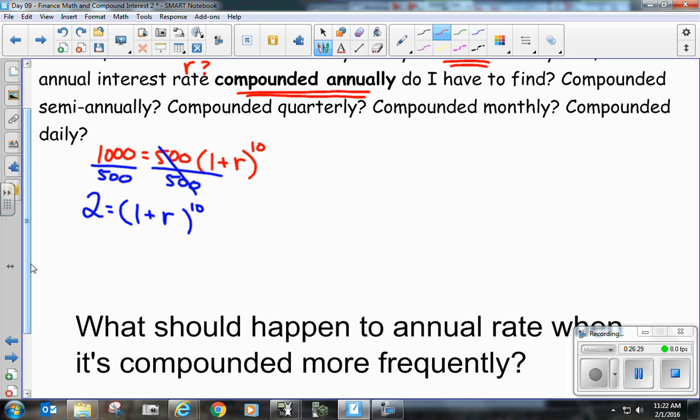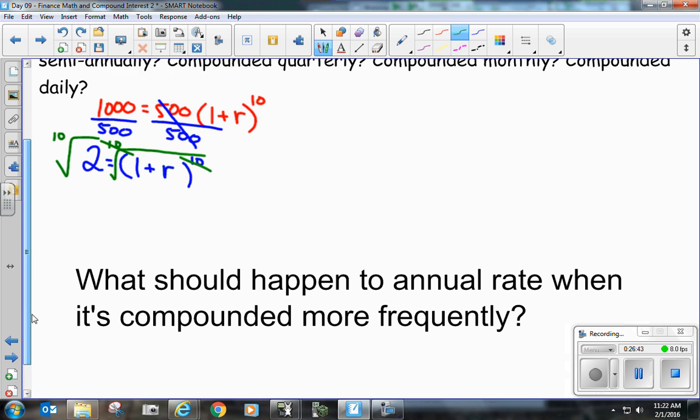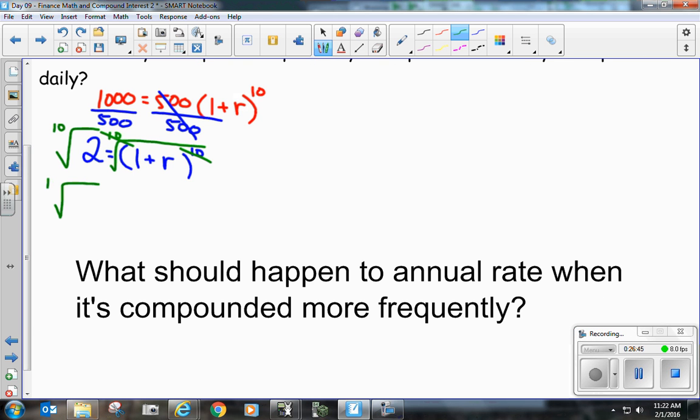Then the 10th root. Who cares? Calculator can do that for you. So if I put this to the 10th root, this will cancel with this, and I do it to this side as well, right? So I now have the 10th root of 2 equals 1 plus r. How do I get r alone?